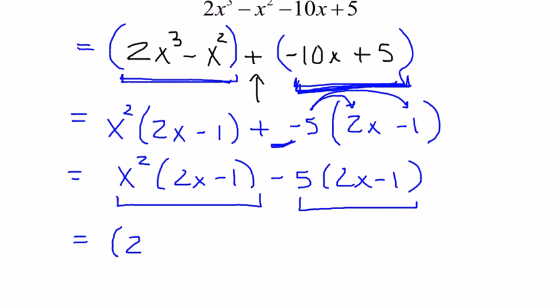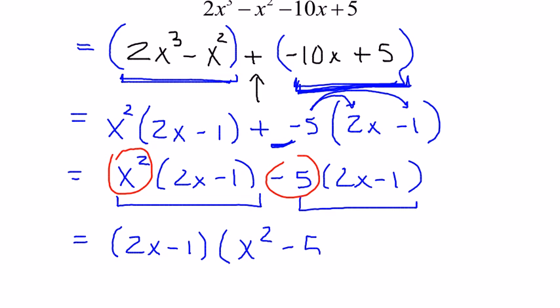So let's take out the 2x minus 1. And what we have left over is the x squared and this negative 5. So this is fully factored.